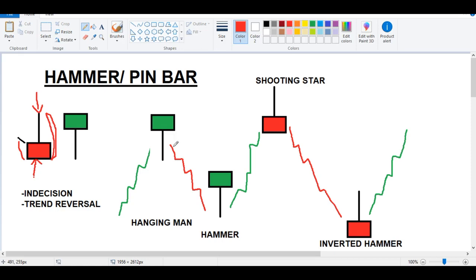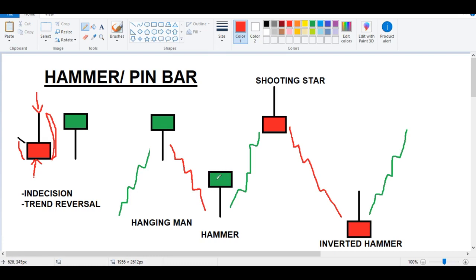Now let's say we're going in a nice downtrend and price is just going down and down and down. And then at the bottom of the trend, you see this hammer formation again. The name for that is simply hammer. And if you see this, guys, at the bottom of a trend, there's a high chance price can reverse.